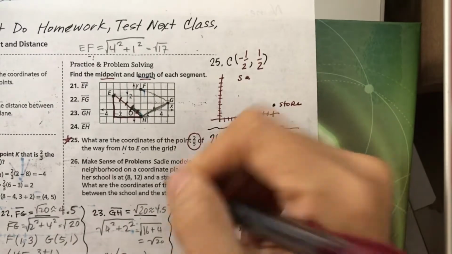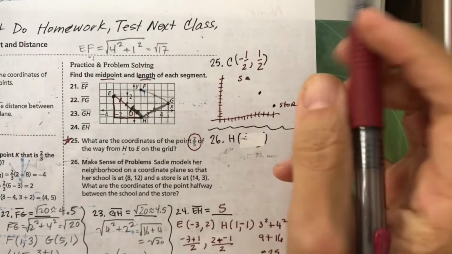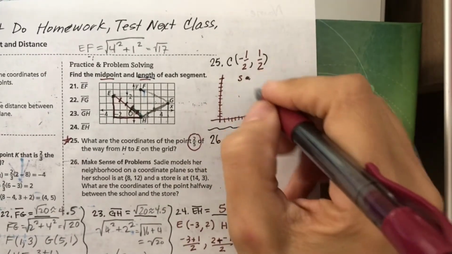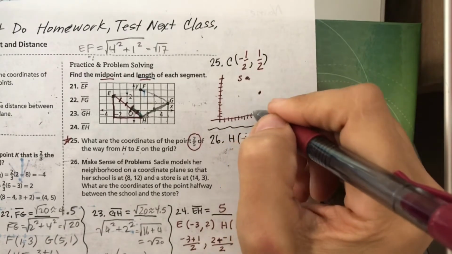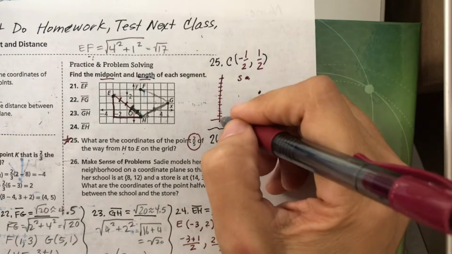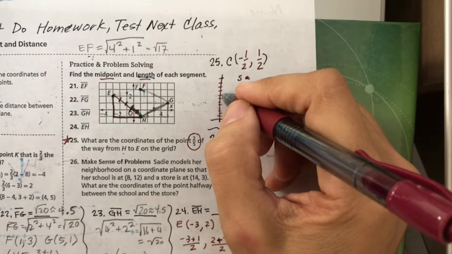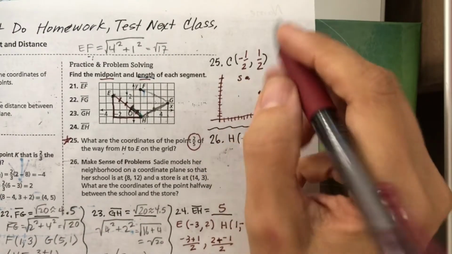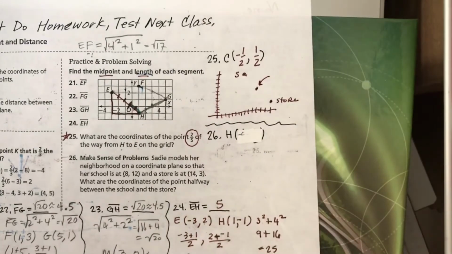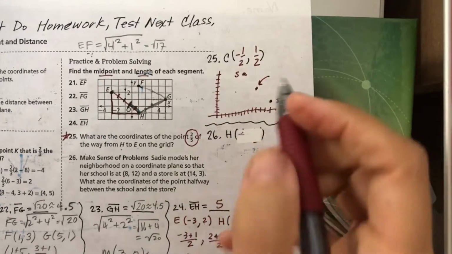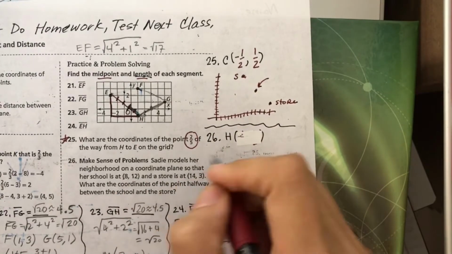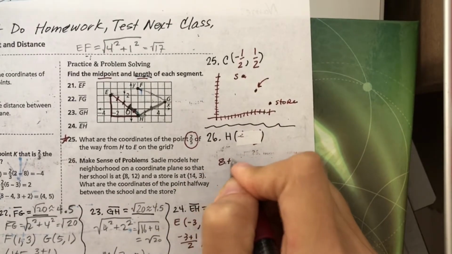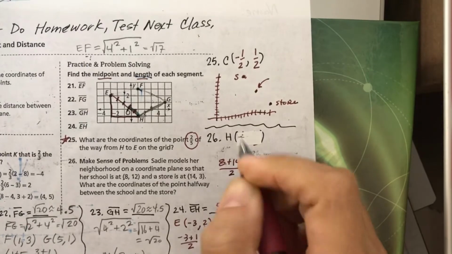What is halfway? It looks like halfway might be about, I don't know, 12, maybe (12, 8)? I'm not sure. If I had graph paper, I could definitely get my exact answer. So maybe this is a great idea to use the midpoint formula. I'm just going to add my two x values, cut it in half.